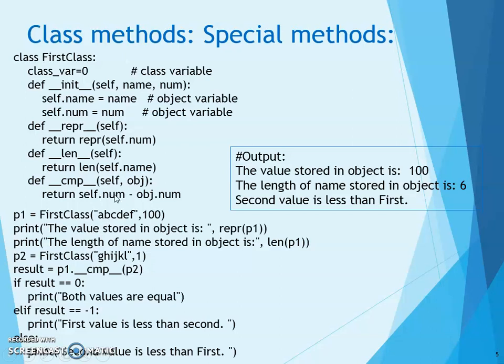So these two will be compared, 100 and 1. As both are not equal, it will not display that both are equal. As num is 100 here and 1 there, it will return a positive value, not a negative value. So it will display that the second value is less than the first.